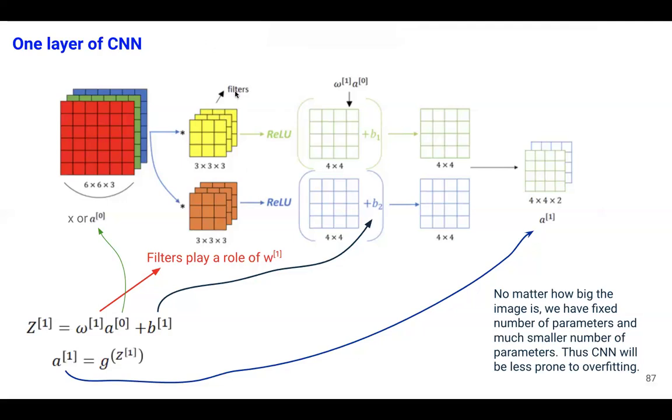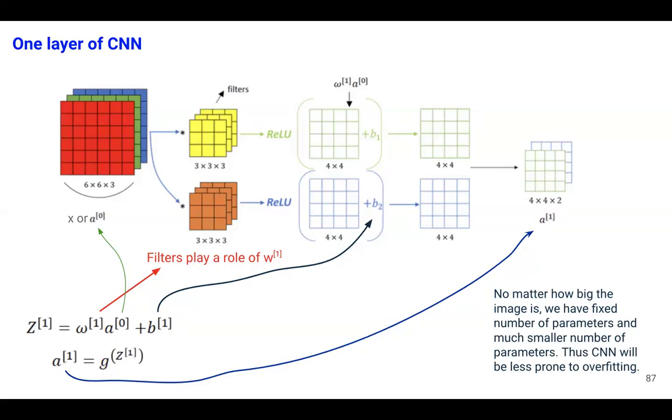The way DNN is structured with all these fully connected hidden units makes the number of parameters too big to handle at some point.